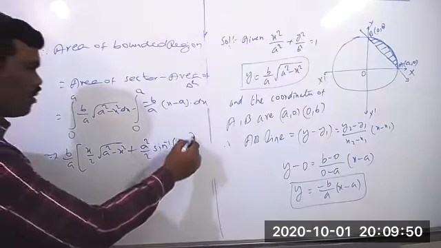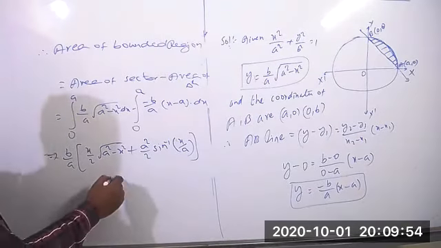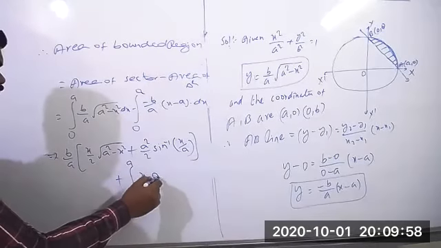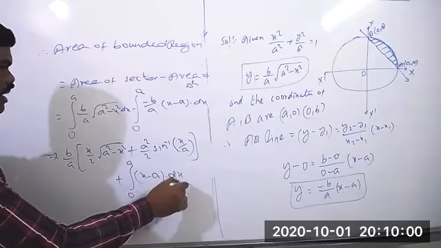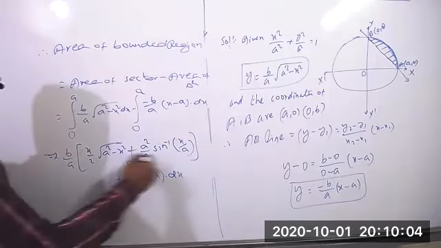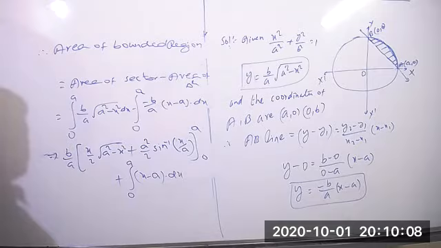Formula minus, here also minus into minus will get plus, integration of 0 to a into x minus a into dx is the second one. Clear that? You can write 0 to a only.